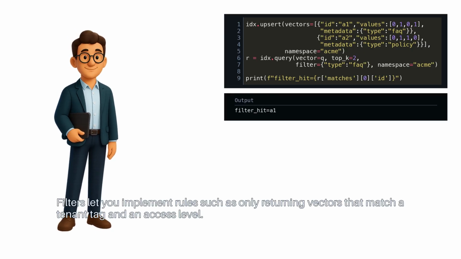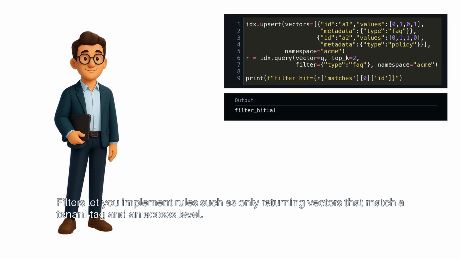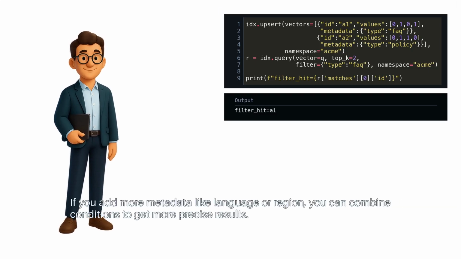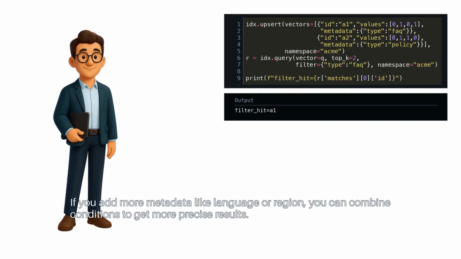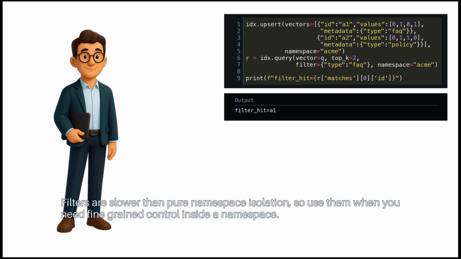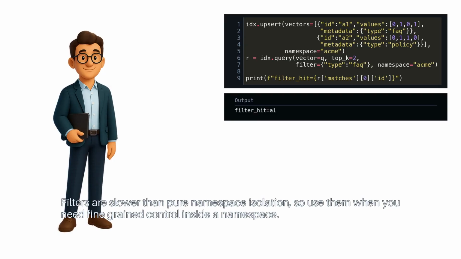Filters let you implement rules, such as only returning vectors that match a tenant tag and an access level. If you add more metadata, like language or region, you can combine conditions to get more precise results. Filters are slower than pure namespace isolation, so use them when you need fine-grained control inside a namespace.